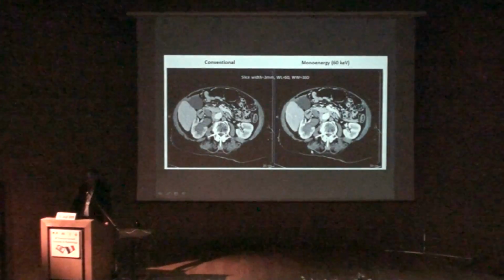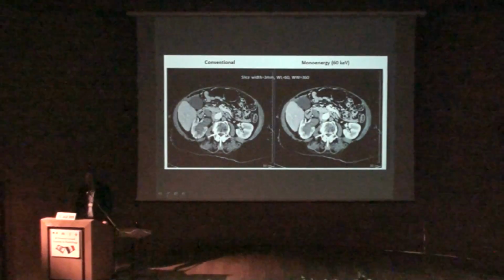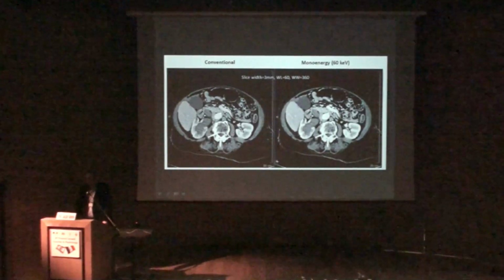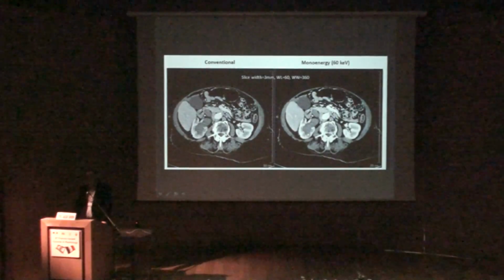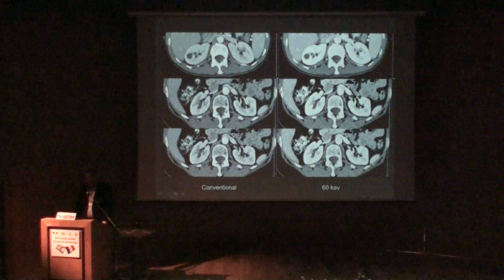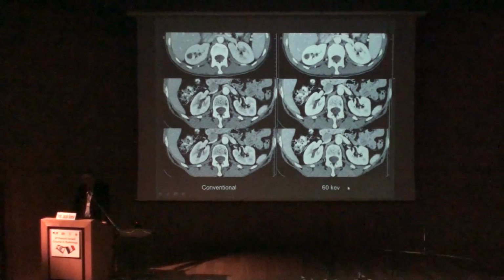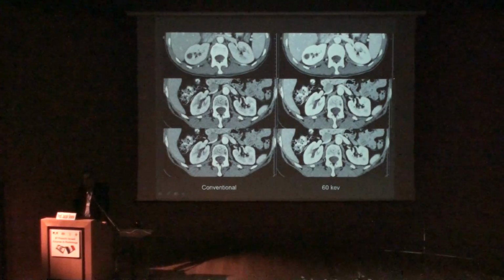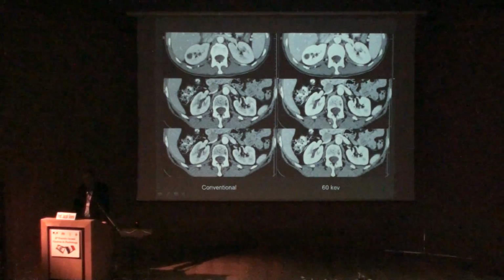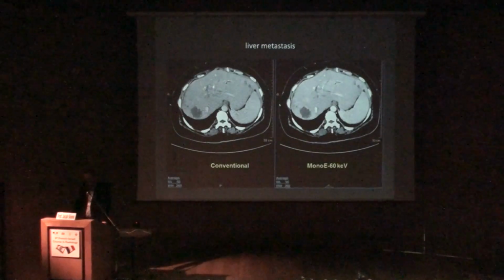Or if we look at the kidneys, in this case, we can see an obstructed kidney and the corticomedullary differentiation that is improved with low keV. And in different examples of the kidneys, looking at this cyst, that's a conventional and 60 keV, and we see improved contrast and improved signal to noise in those images.